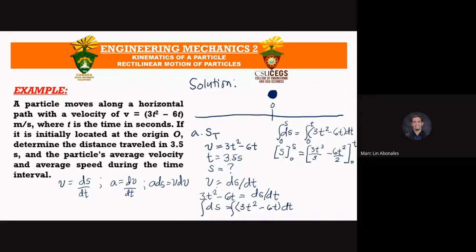So by substituting the upper and lower limits, upper minus the lower, so that is s minus 0, so that would be s. Here in the right side, the same thing, upper minus the lower, so cancel out naman ang 3. Kaning 6 over 2 is 3t squared na siya. So that would be t cubed minus 3t squared. So this is the function or the equation of the position at any time. Mao na tong gamiton for us to describe the motion of our particle.